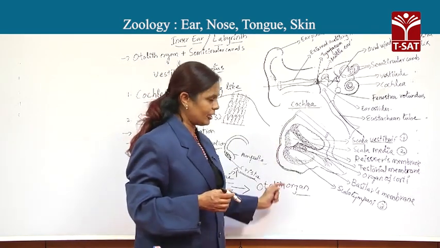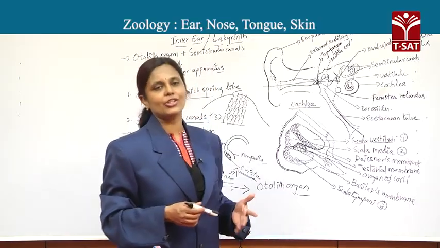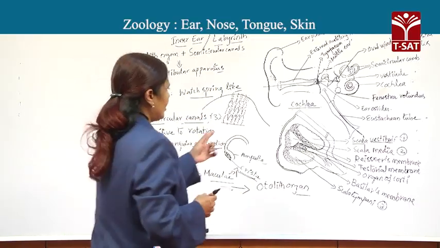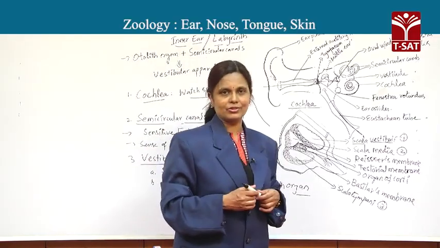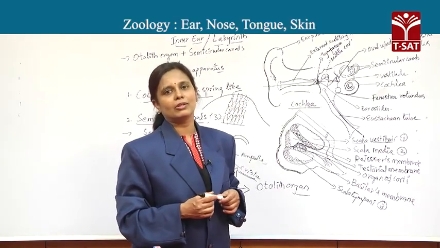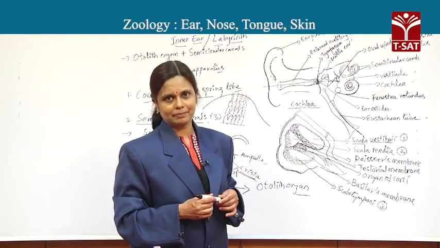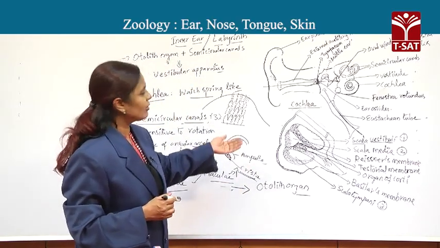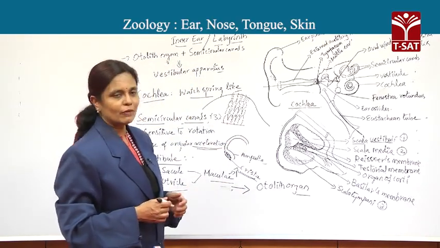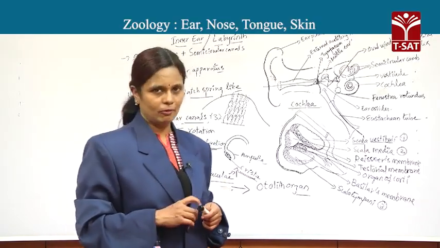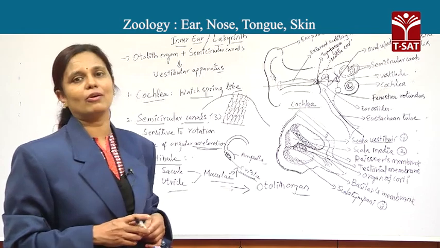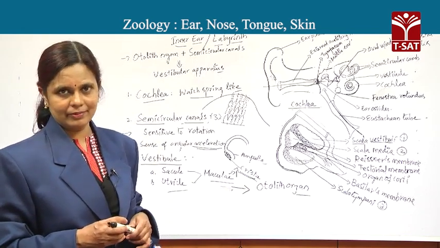So, cochlear branch and vestibular branch together, it is auditory nerve supplying sensory impulses to the medulla oblongata. That is, in fact, at the junction between pons varolii and medulla oblongata. So, with this, the structure of the inner ear is completed.